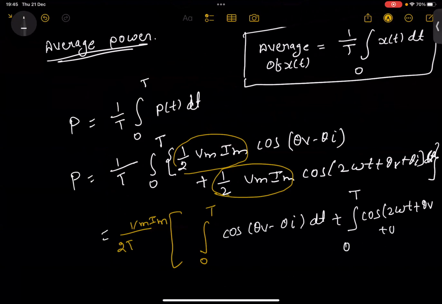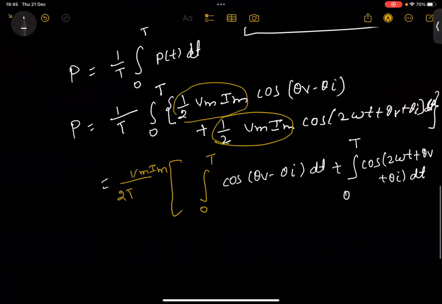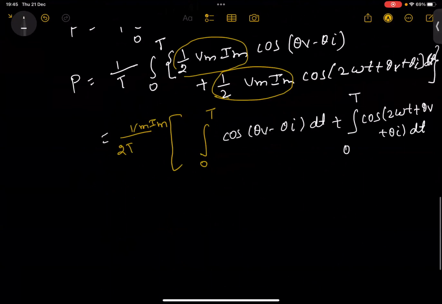Then when we go for the solution of this integration, may I solve it or may I put the direct answer, which you have to remember?